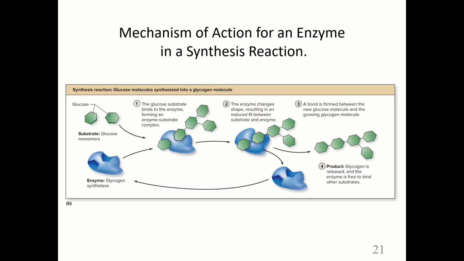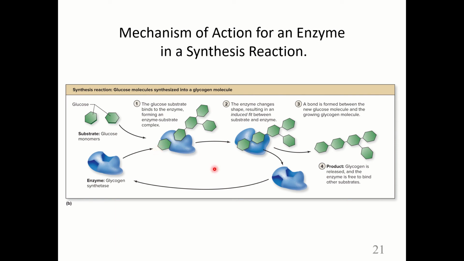Here's the mechanism of action for an enzyme in a synthesis reaction. This synthesis reaction shows glucose molecules being synthesized into a glycogen molecule. Our reactants are glucose monomers. They are the substrate for this particular enzyme. The glucose substrate binds to the enzyme in step 1, forming an enzyme-substrate complex.